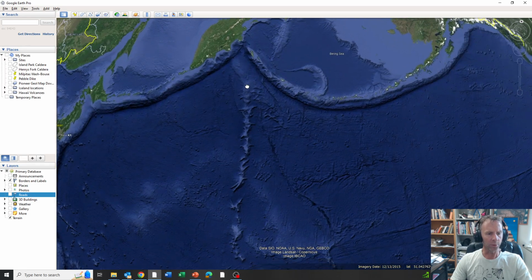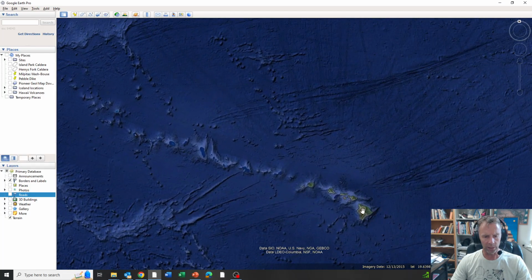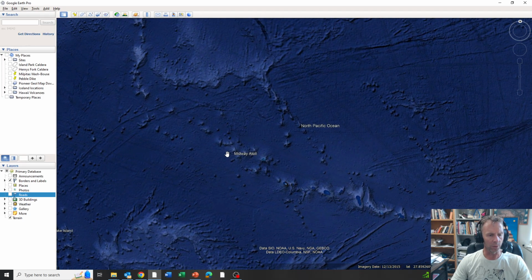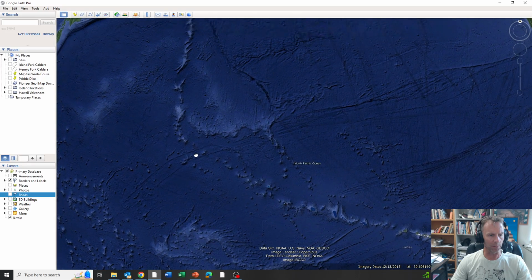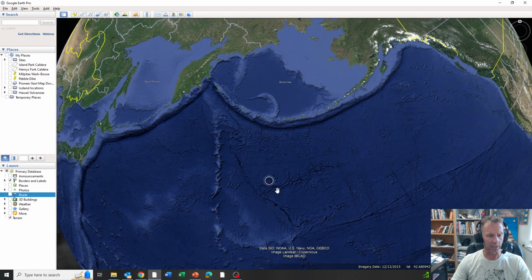The other interesting thing we've looked at in the Hawaiian Emperor Seamount chain is there's a nice, fairly consistent progression of ages. So the rocks here are brand new, less than 1 million years old. They get progressively older as you work your way up the Hawaiian Island chain. And then even if you go out into the Emperor Seamount chain here, the islands or seamounts get progressively older all the way till you get up into this area here.